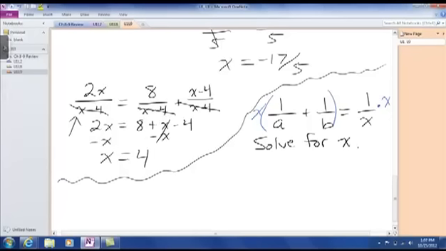So let me come down here below my directions and see what we have. Well, now we have x over a plus x over b, and I got this by distributing the x to both 1 over a and 1 over b, equals 1.